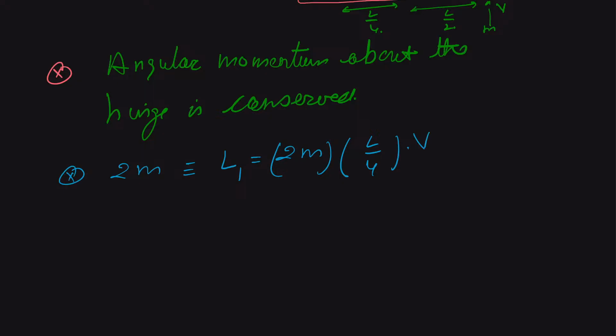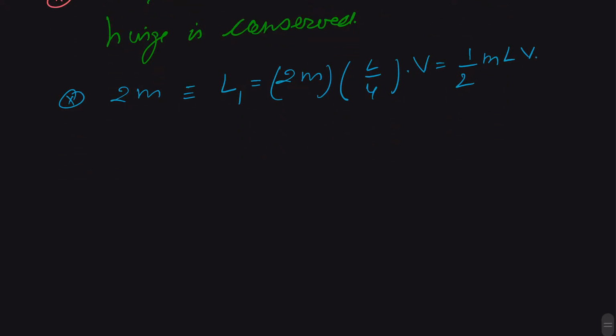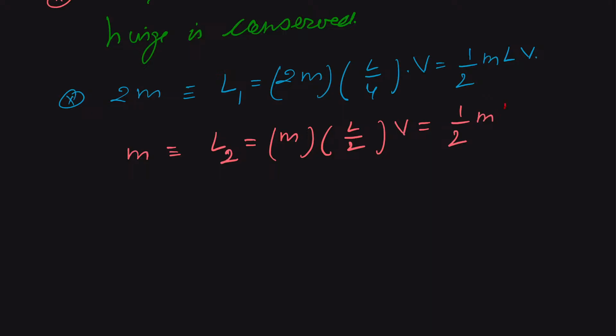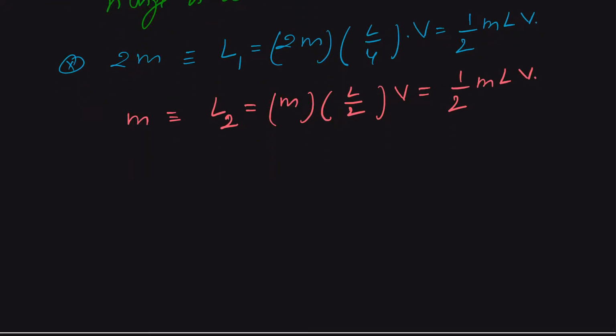So this comes as half m L v. And then we are having our mass m. Let us call this as L2, and so this comes as m. It strikes at a distance of L/2. Velocity is the same, so this comes as half m L v. Therefore, and please remember this is just before the collision.